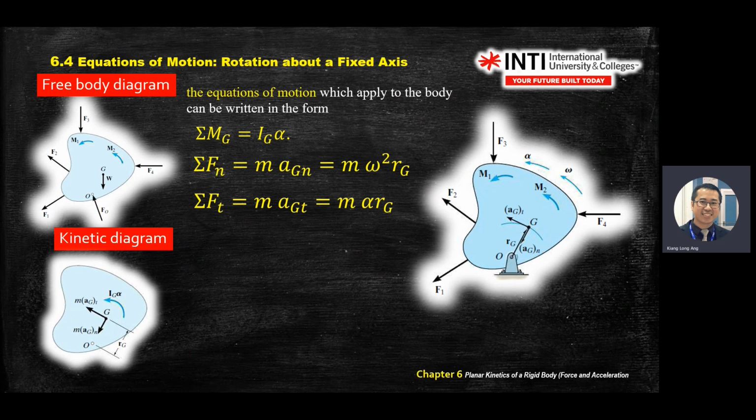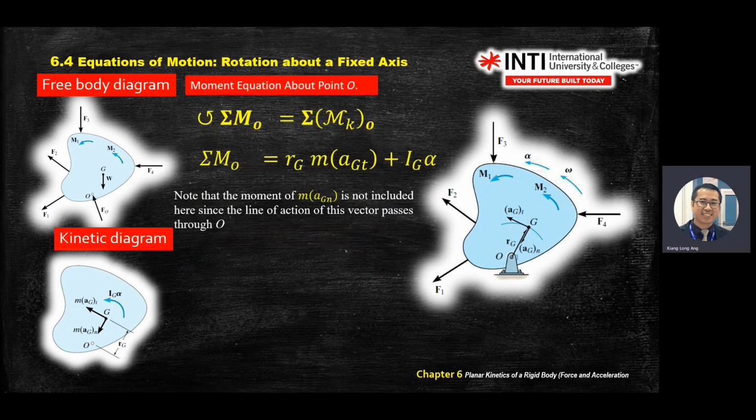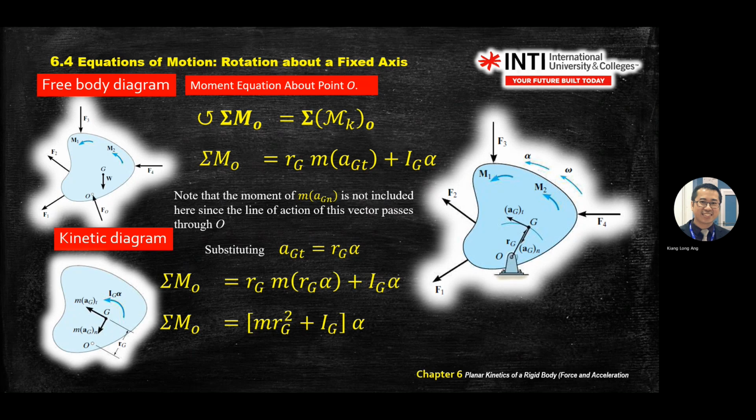If you use I_O equal to I_G plus m d square, this is from center of gravity. If you have a fixed point, then I give you one more equation. You see the equation? The equation changes at the end. This equation at the point O will change form already.